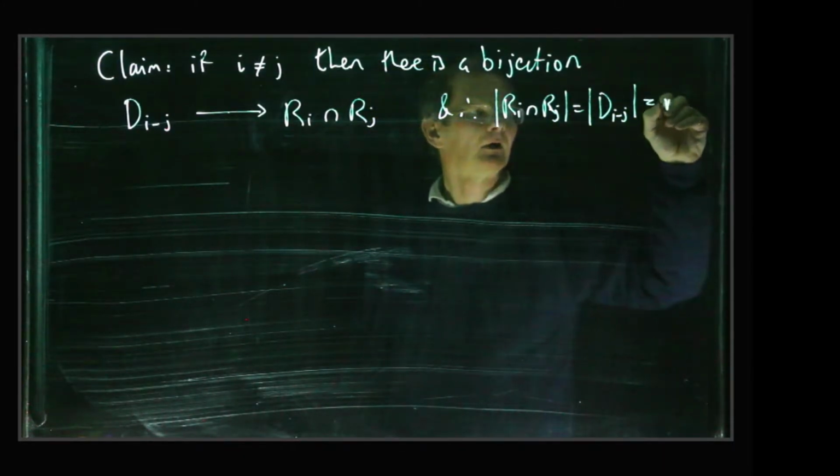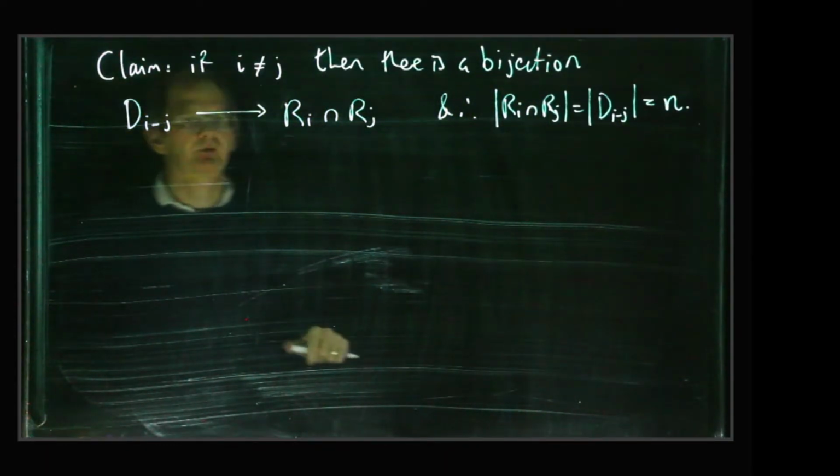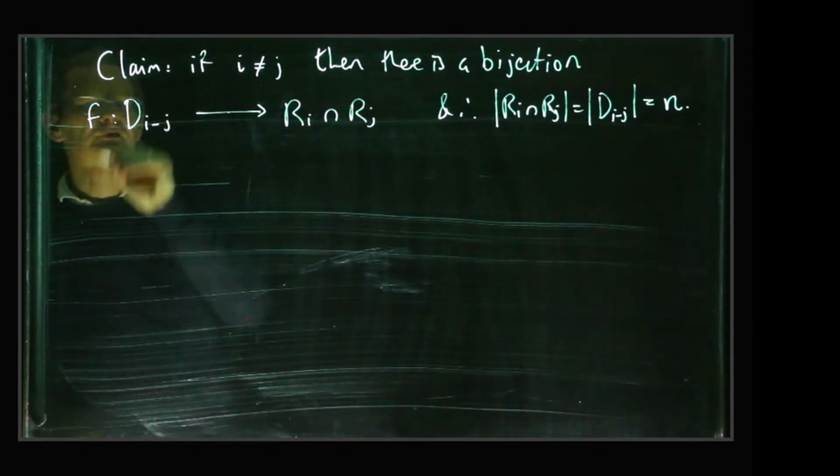As we mentioned, in the previous video we proved that the set D(i minus j) has size n.